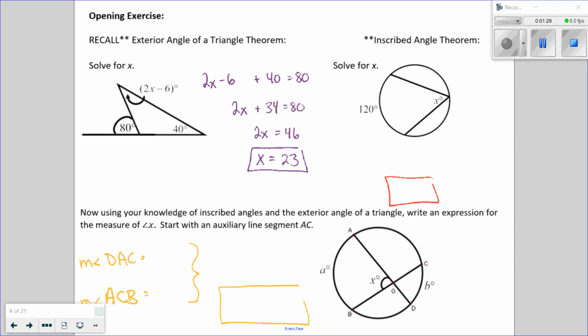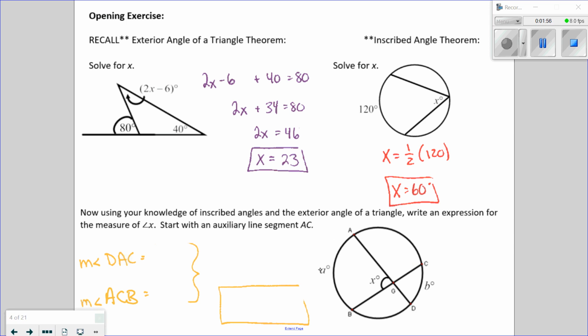Rule number 2 we are remembering is that an inscribed angle is equal to half the intercepted arc. So our value of x is equal to half of 120, so x is 60. We are going to put those two things together and come up with something new.